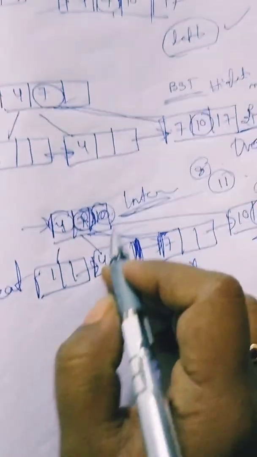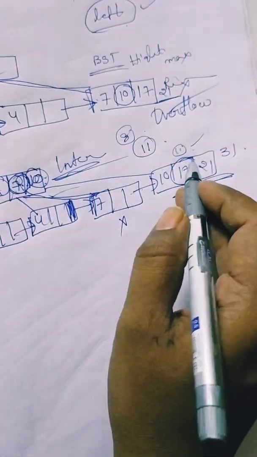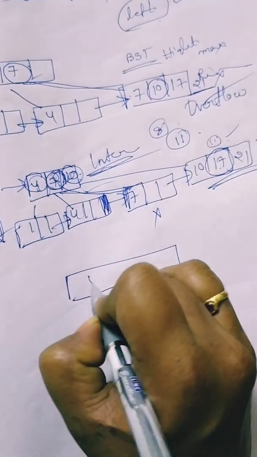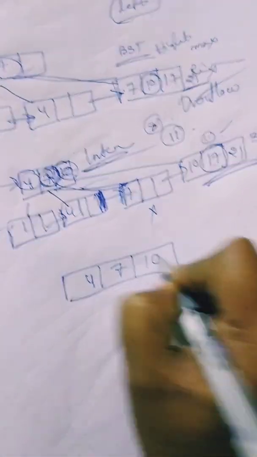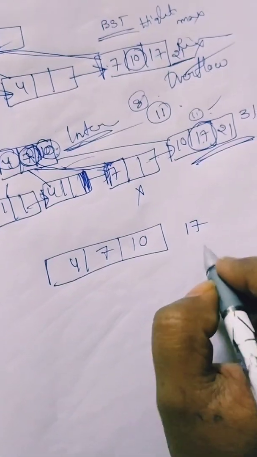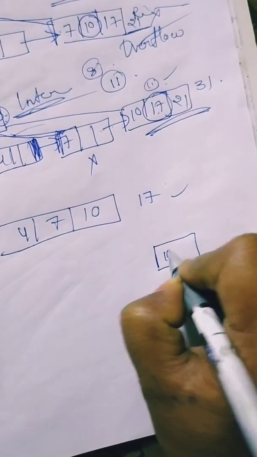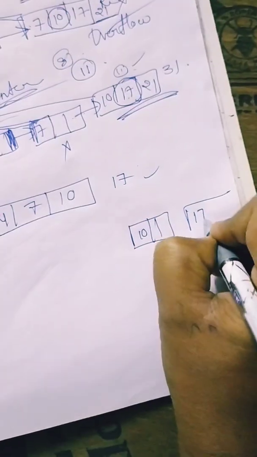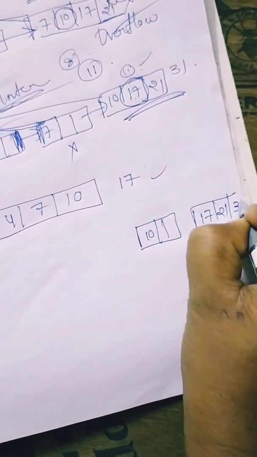Let me see. Here the internal node is also overflowed when we take 17 up. So here 4 7 10 17 would be taken here. Here also it occurs, 10 17 21 31.